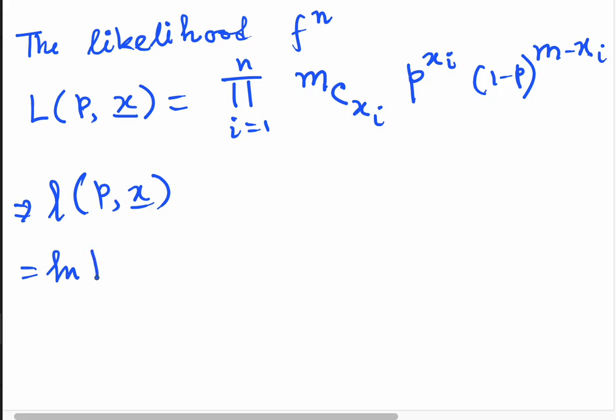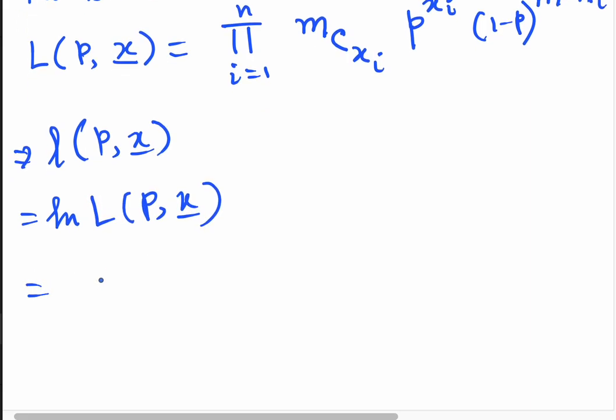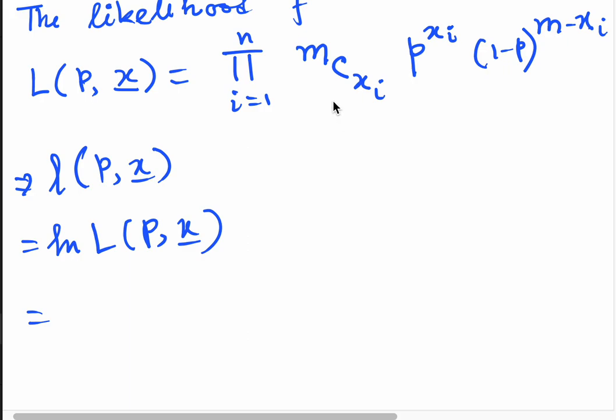Now its log likelihood will be ln L of p given x, so that is the summation over i equal to 1 to n.